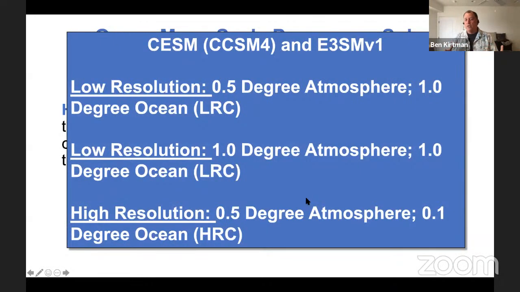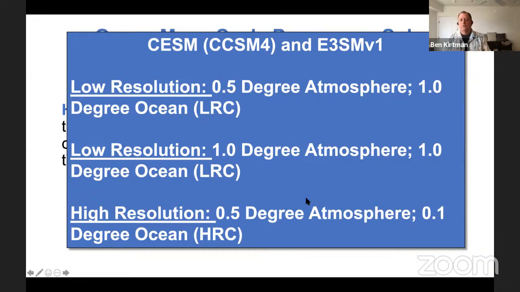There are two models we're working with, primarily CESM and in some cases CCSM4, so the NCAR family of models, and then E3SM version 1. For almost everything, there are two versions of the low resolution.